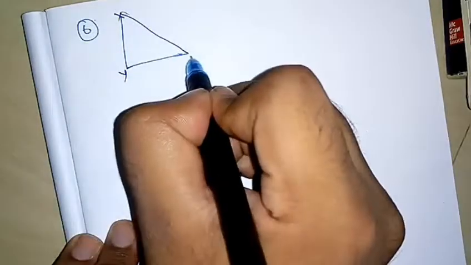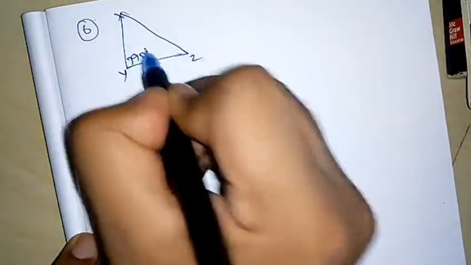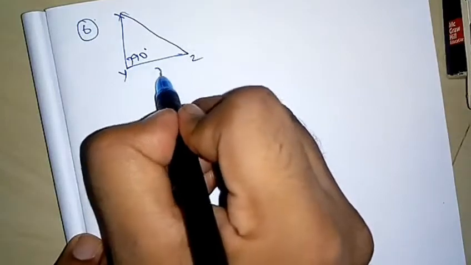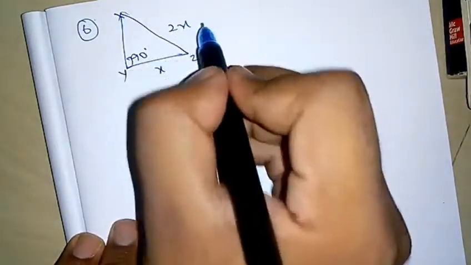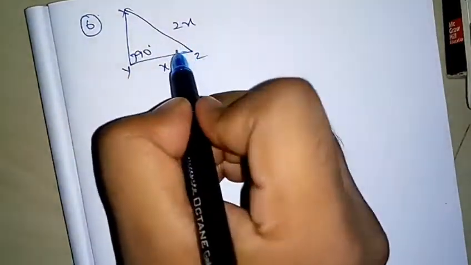That's all. Sixth question. In triangle XYZ, angle Y is 90 degrees. YZ is equal to x. XZ is equal to 2x. Determine angle YXZ.